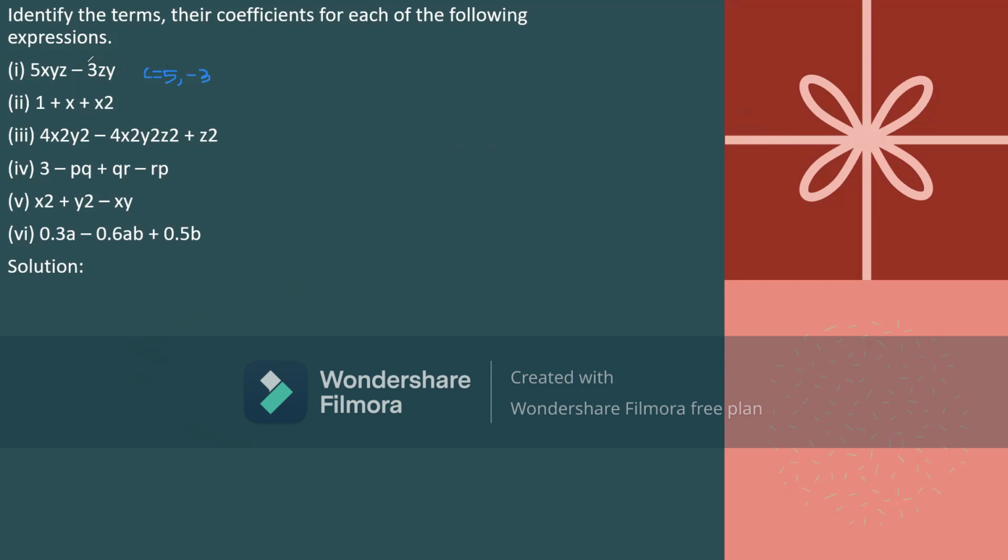If you have taken only 3, it would be a blunder mistake because the whole number is minus 3. Why would you take it as plus 3? It would be a silly mistake and you may lose marks in your exam. So please check it out.